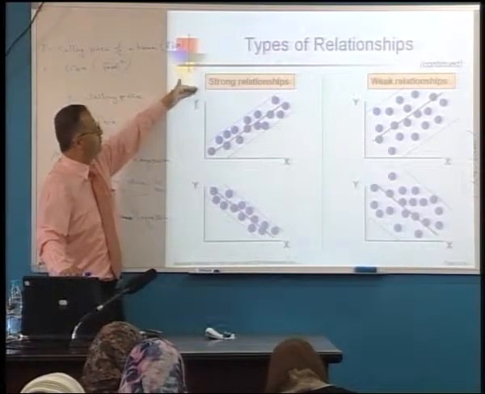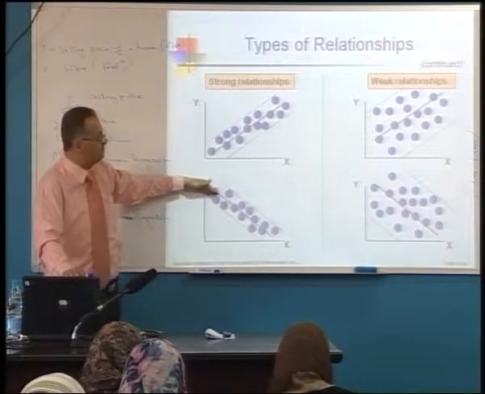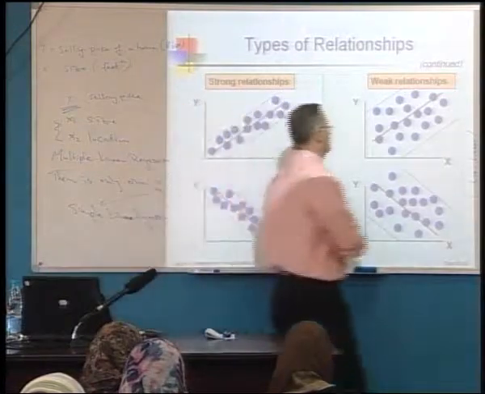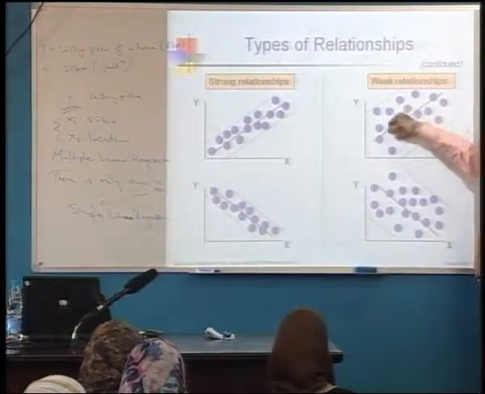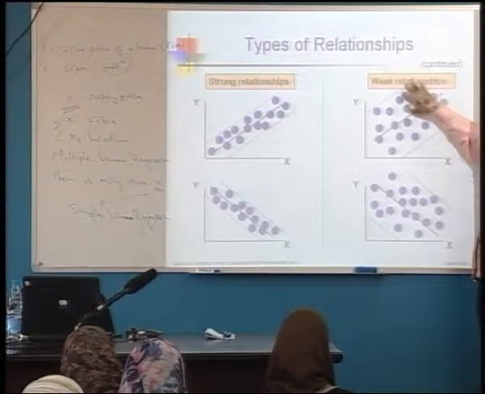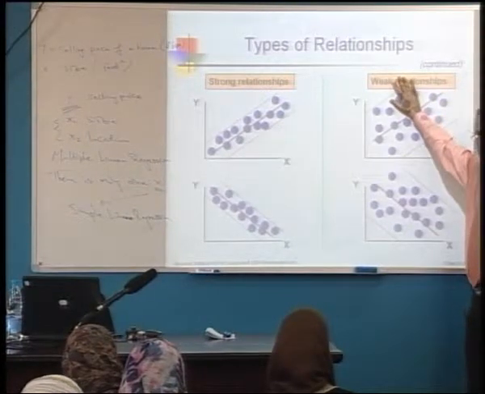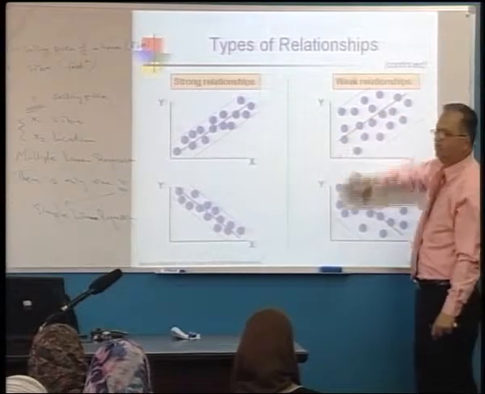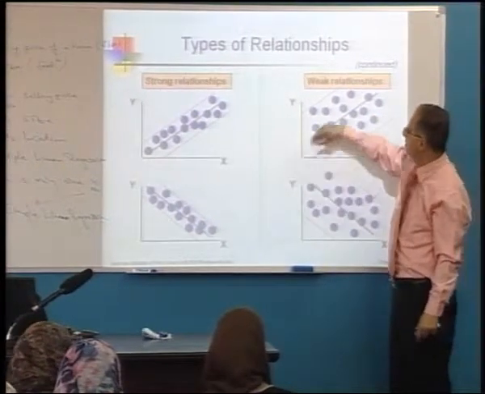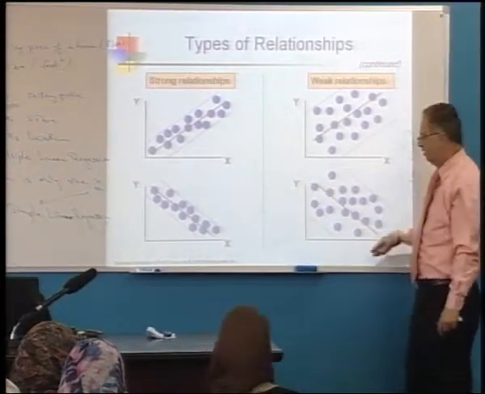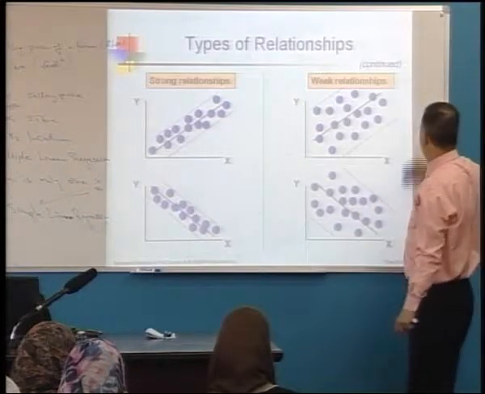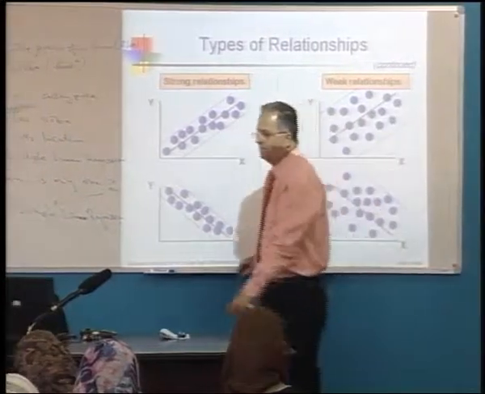Here the points are scattered away from the regression line, so you can say there exists a weak relationship, either weak positive or weak negative, depending on the direction of the relationship between the two variables.